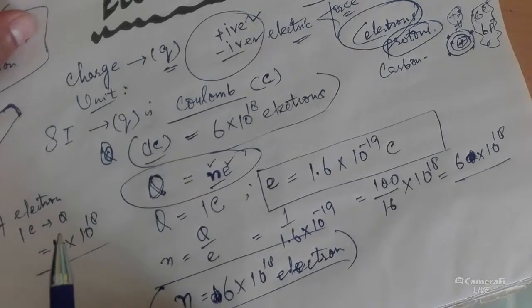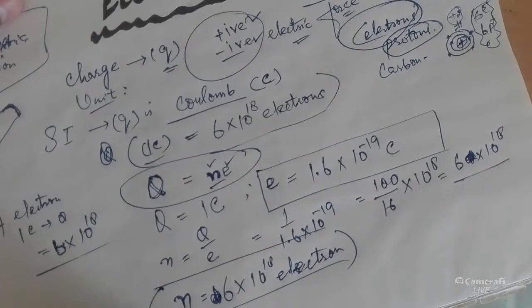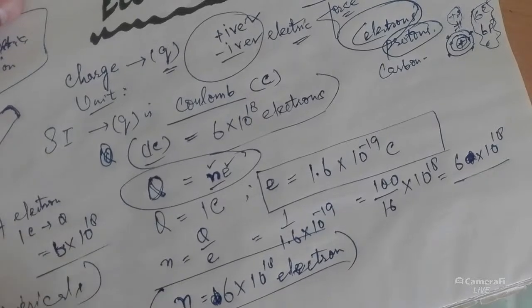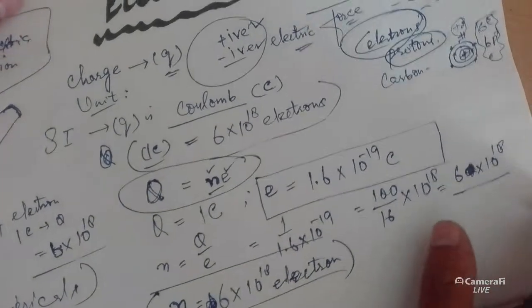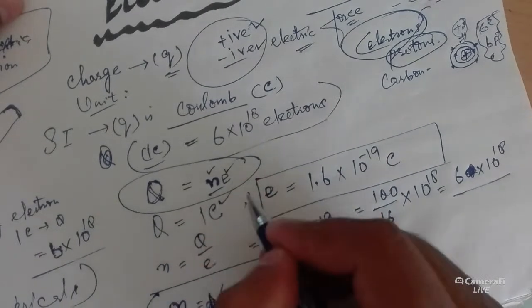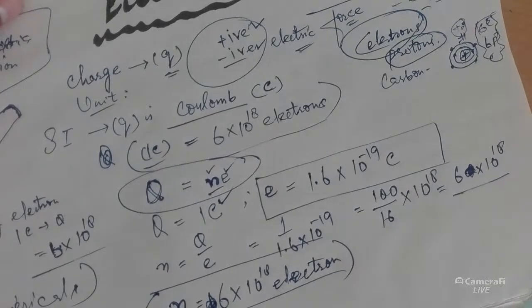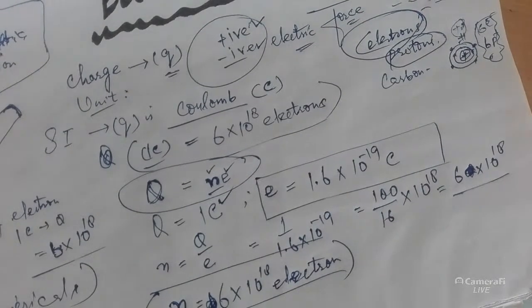Okay, this is all about how we can calculate this. Numericals will be there which the students have to solve. There are a lot of numericals. If you have been given how many coulombs of electricity, then you have to solve it accordingly.